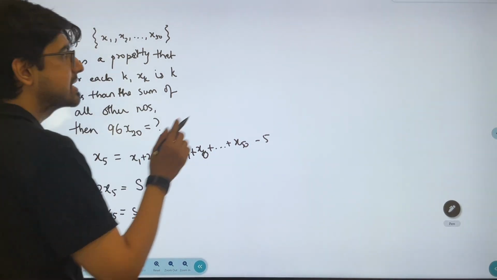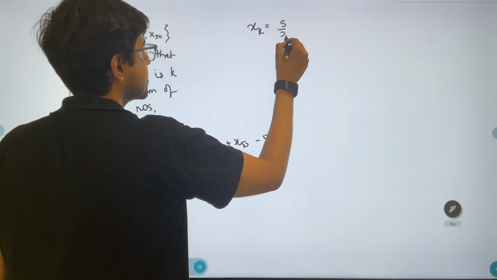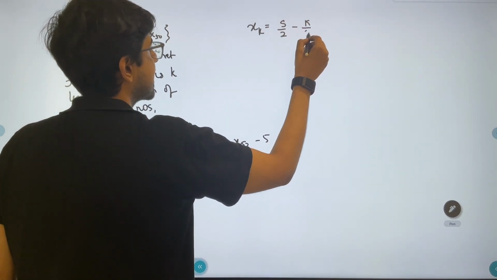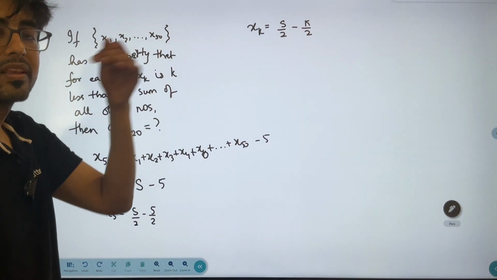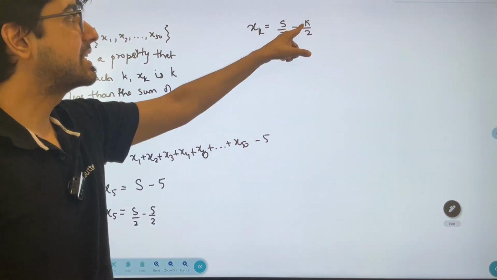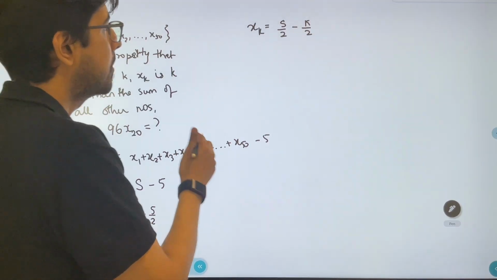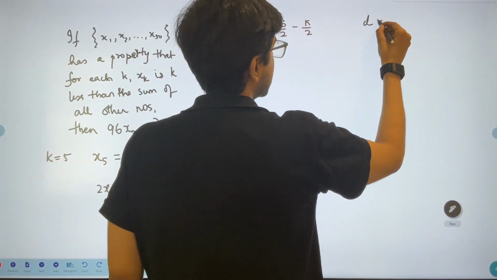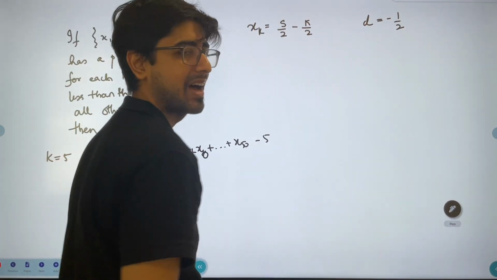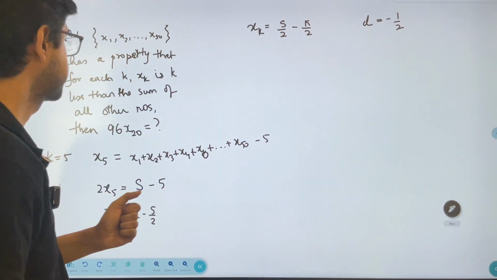If I generalize this, I will get xk is equal to S by 2 minus k by 2. And clearly, this is an arithmetic series because it is linearly dependent on the position of the term, and the common difference in this case is minus half.